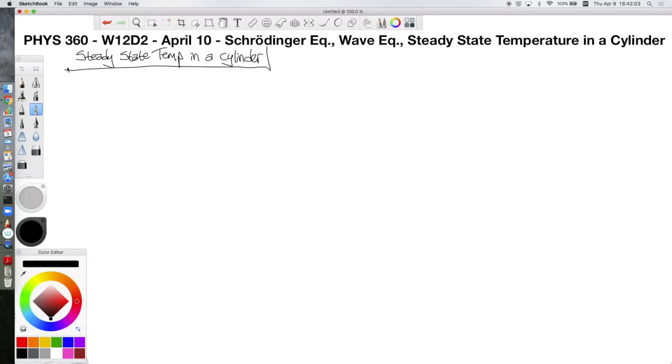So in order to solve this problem, let's think of some initial conditions for our cylinder. Let's let this cylinder have a radius of A, with one end on the xy plane held at 100 degrees, and all of the walls held at 0 degrees.